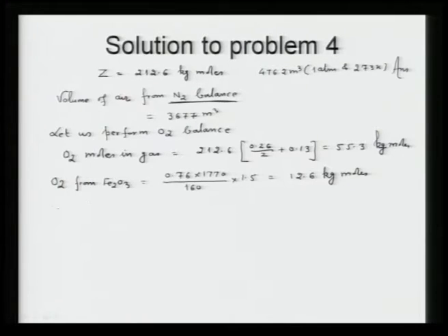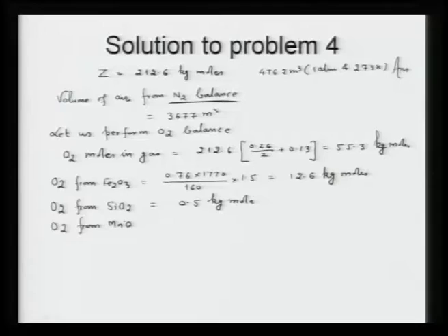Similarly, oxygen from SiO2 reduction. I hope you will be able to calculate it, so I will straight away write 0.5 kg mole. Similarly, oxygen from MnO reduction: you have to calculate the amount of MnO entering, the Mn equivalent to MnO in pig iron, and that oxygen will be entering the gases.